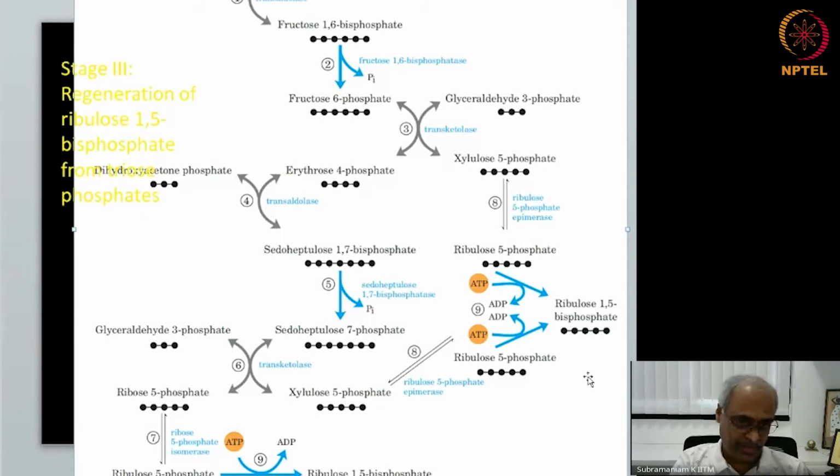So here I'm not going to ask for structures. The slide itself doesn't have the structures, but you need to have an understanding of the stoichiometry of how the carbons are jumbled by taking 2, 3-carbon sugars initially and then adding 1. So essentially 3 trioses going through this series of cyclical reactions end up producing this pentose sugar. And this pentose sugar now has been regenerated. It can go for stage 1, which is carbon fixation.